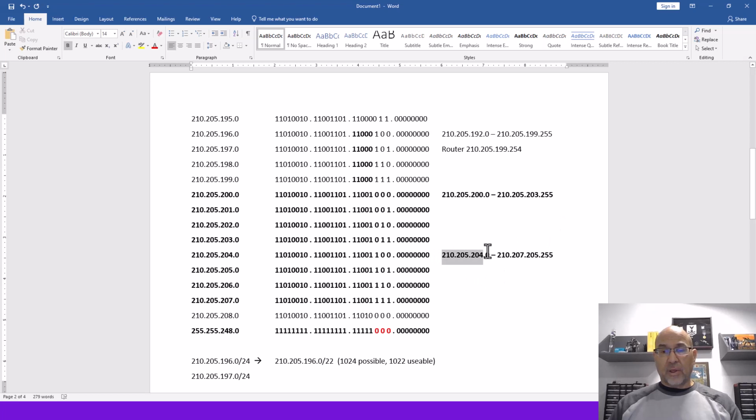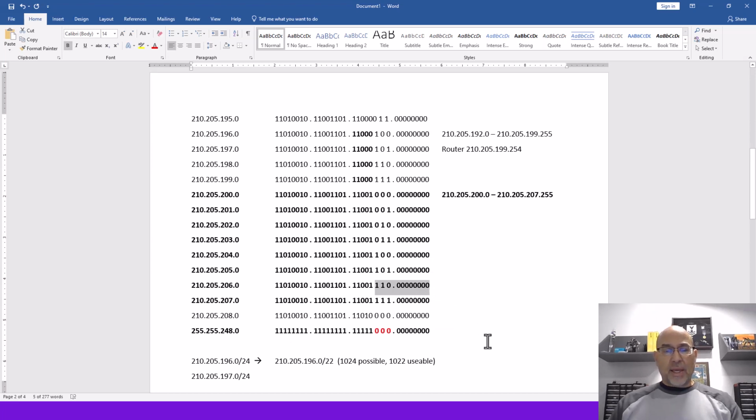So we can get rid of this, and we can now say that this would go all the way to 207.255. And again, how would we know that? Because look, I've got more zeros down here in my mask, so it doesn't matter what I put in these now 11 bits.